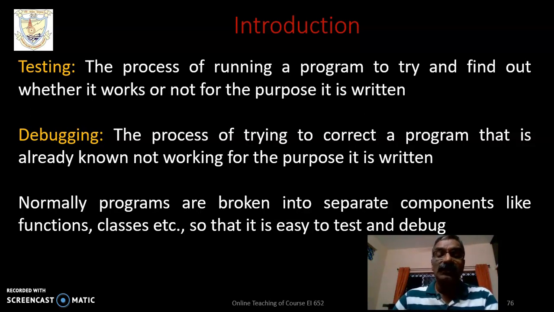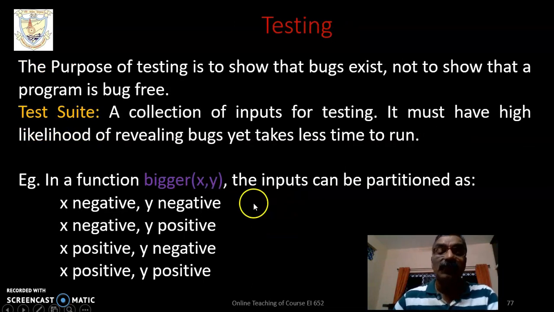So finally, it is easy for us to determine where the error has occurred, where we have written a wrong syntax or a wrong code or a wrong sequence, etc. That can be tested instead of trying the whole program. So that is very important as far as debugging is concerned.